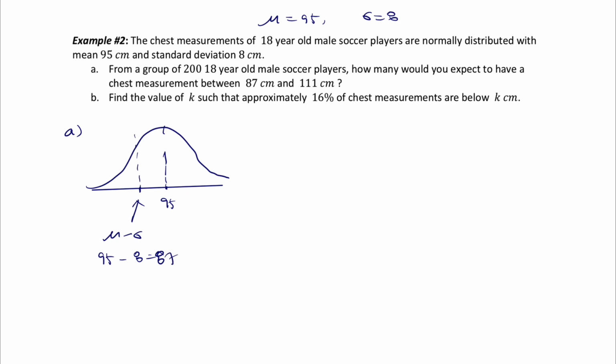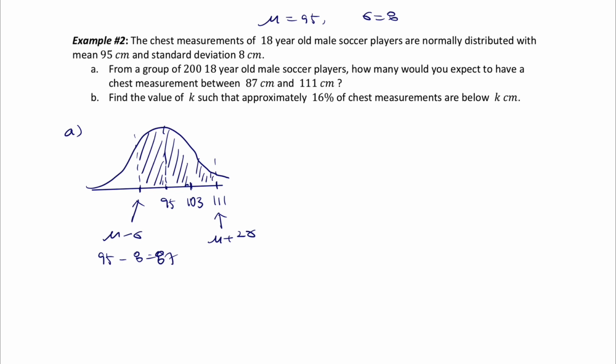So we are referring to this part here. And 111 is 2 standard deviations away from the 95. So one standard deviation is about 103, 2 standard deviations about 111, right? So this point here is mean plus 2 standard deviations. So we are referring to these 3 parts of area under the graph.